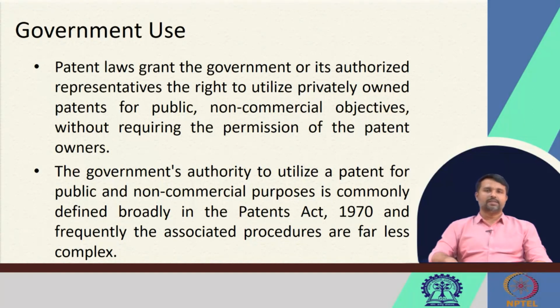But in exceptional scenarios where the government wants to utilize an innovation for non-commercial objectives, the government can utilize the specific provision provided under the Patent Act for government use and directly use the innovation without any form of permission from the patent holder.